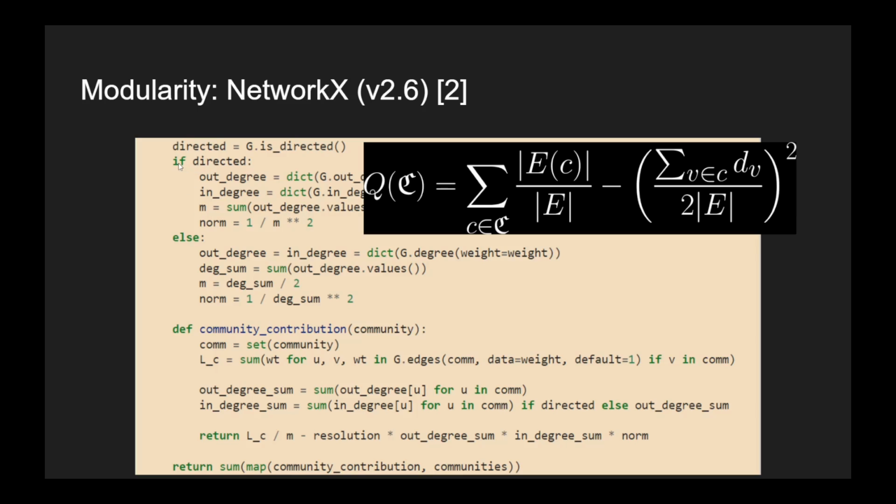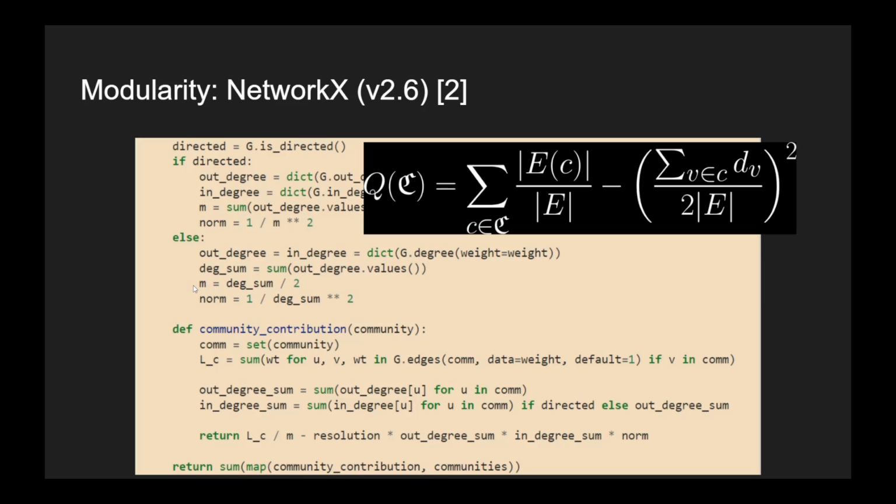If you look at this code, you'll notice that there are different code paths depending on if the graph is directed or not directed or weighted. We haven't talked about those things yet, so just ignore the directed version and just look at the undirected version.